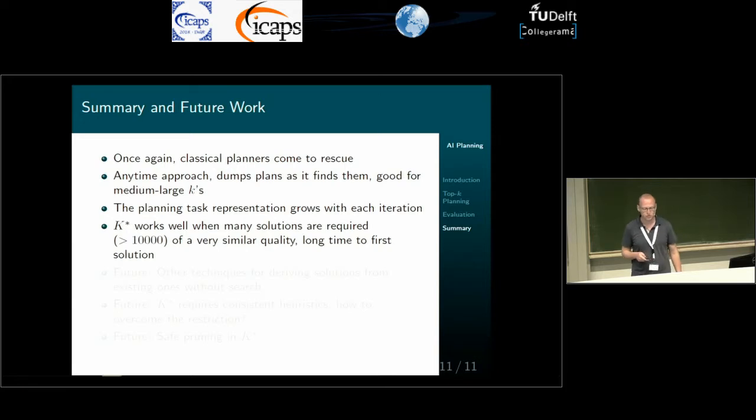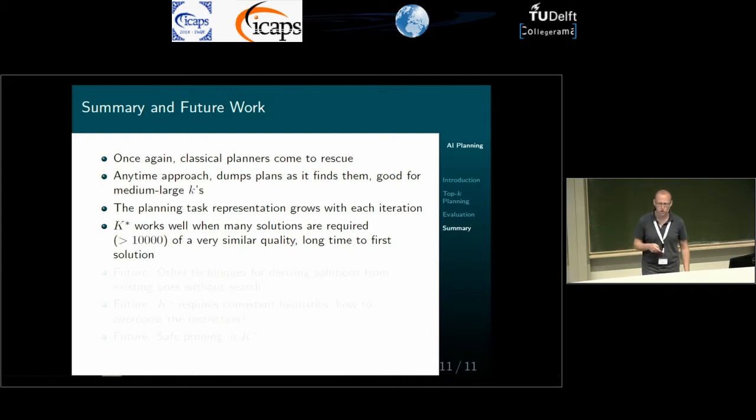K-star works pretty well when you need a huge number of solutions. The problem here is that K-star finds almost all solutions almost simultaneously. So it takes a lot of time until the first solution is found, and then almost all solutions are dumped at the same time.